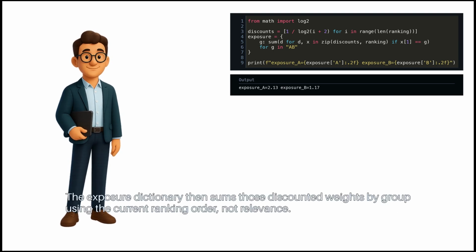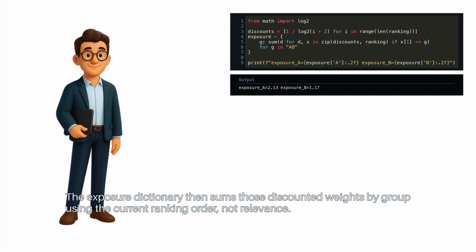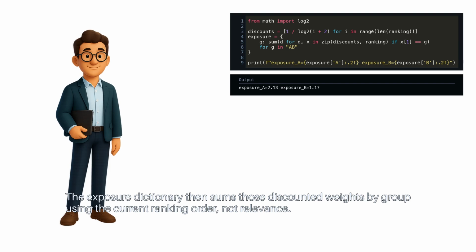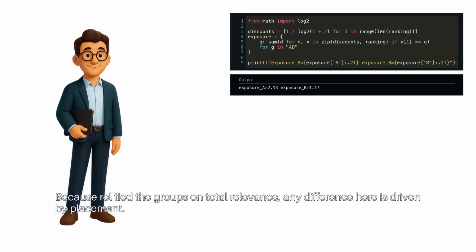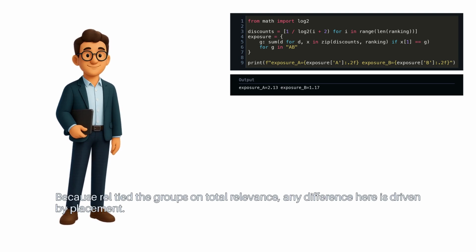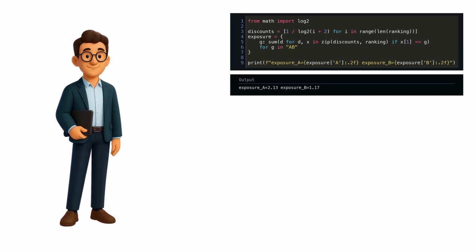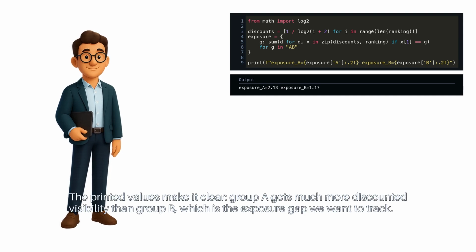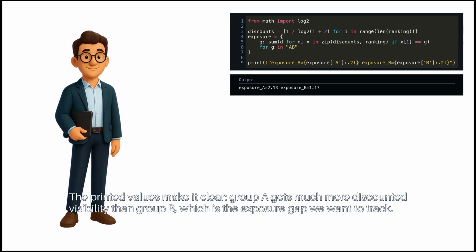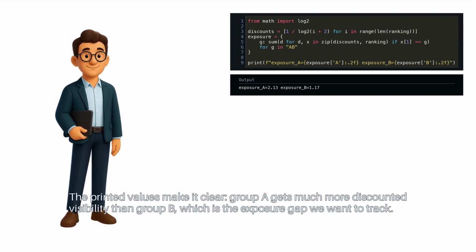The exposure dictionary then sums those discounted weights by group using the current ranking order, not relevance. Because rel tied the groups on total relevance, any difference here is driven by placement. The printed values make it clear. Group A gets much more discounted visibility than Group B, which is the exposure gap we want to track.